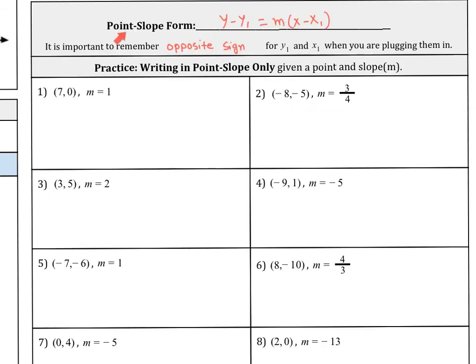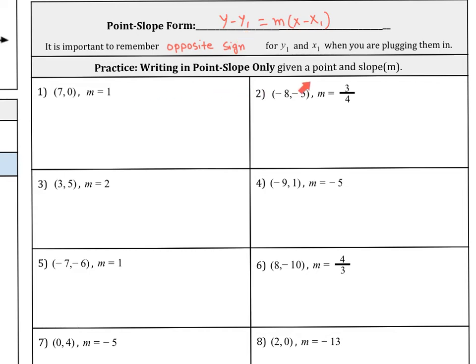Now just remember, recalling point slope form is y minus y1 equals m times x minus x1. It's important to remember opposite signs. If there is a positive sign, then it means that x1 y1 is negative, and if there is a negative sign, that means that x1 comma y1 are positive.